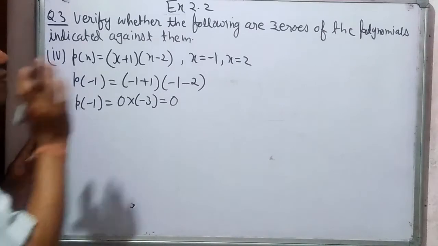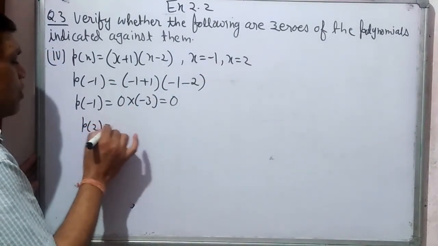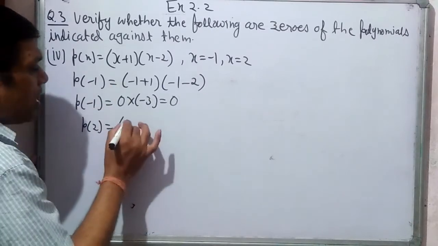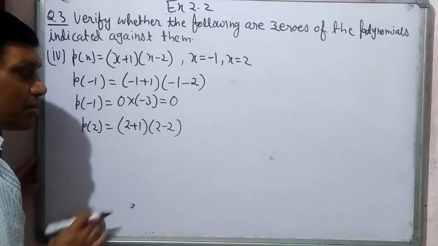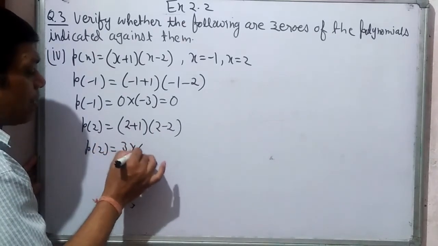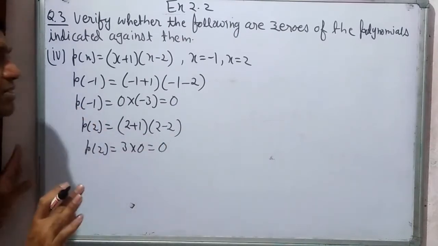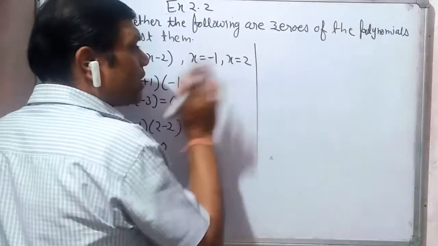Right? For the second value, we find the polynomial's value at 2. We shall have 2 plus 1 multiplied with 2 minus 2. What this is giving us is 3 multiplied with 0. Eventually it gives 0. That means both are the zeros.